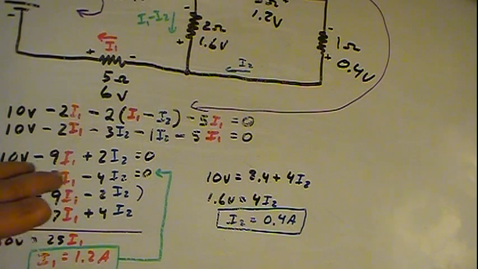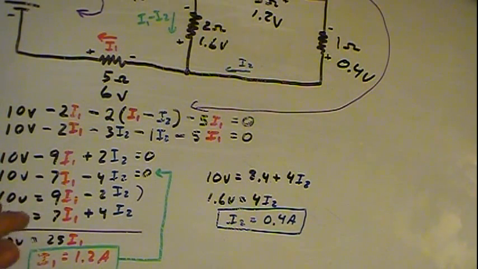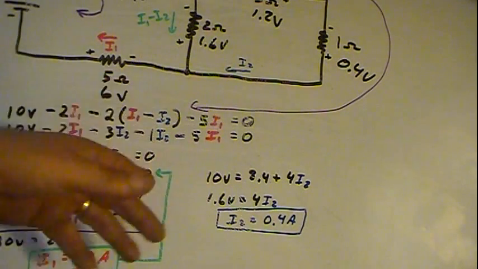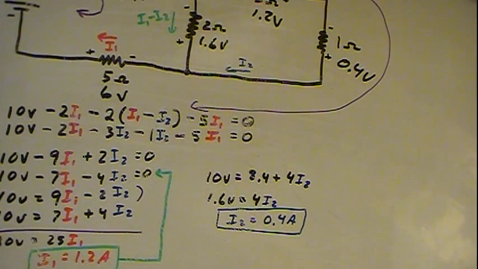Sometimes it can be time consuming for people, but once you do that, you start spotting what you need to do to finish everything out and get your first current, and then you can substitute it in wherever is the easiest place to find your next current, and however many currents you need to find.